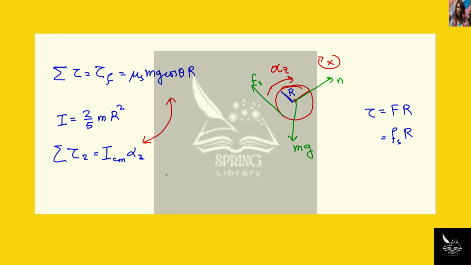Now, what we get here is mu s mg cosine theta times r is equal to 2 over 5 mr squared times alpha z. From here, we can get rid of the m's, first of all.